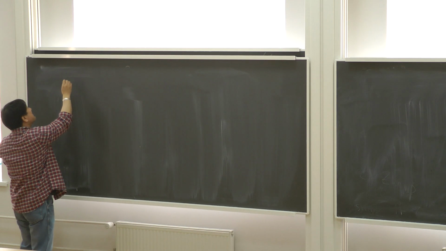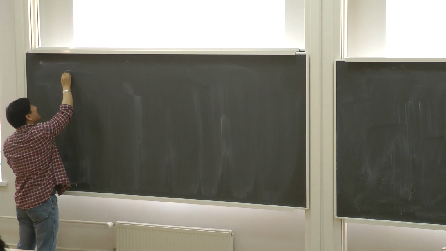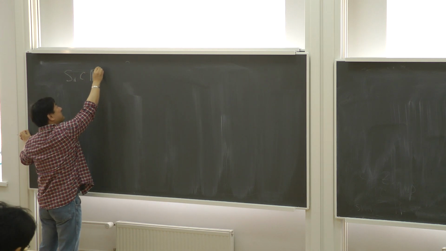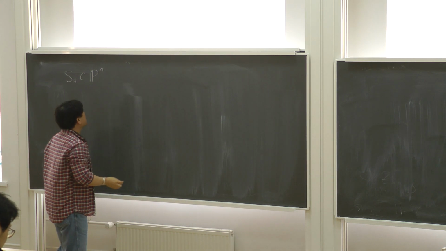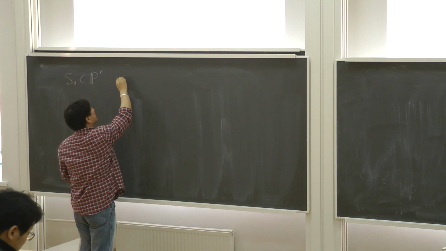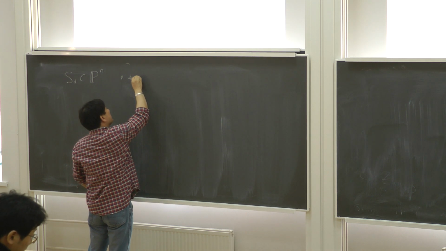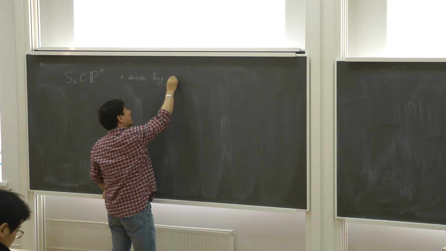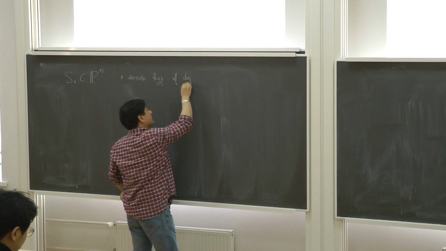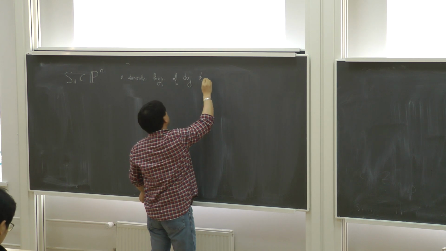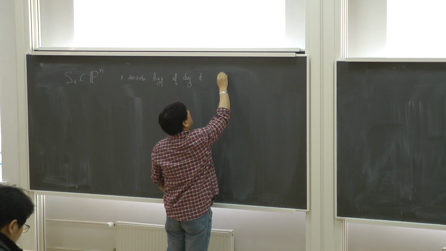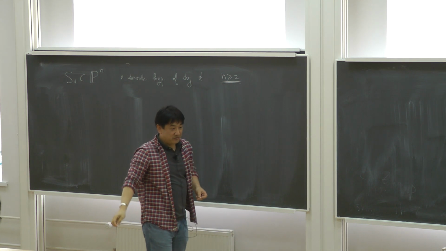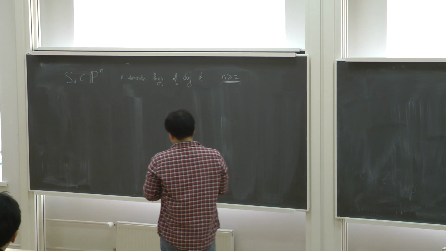things. So we're going to consider a hypersurface of degree d in projective space, the n-dimensional projective space Pn. This is a smooth hypersurface, and we suppose that n is at least 2.